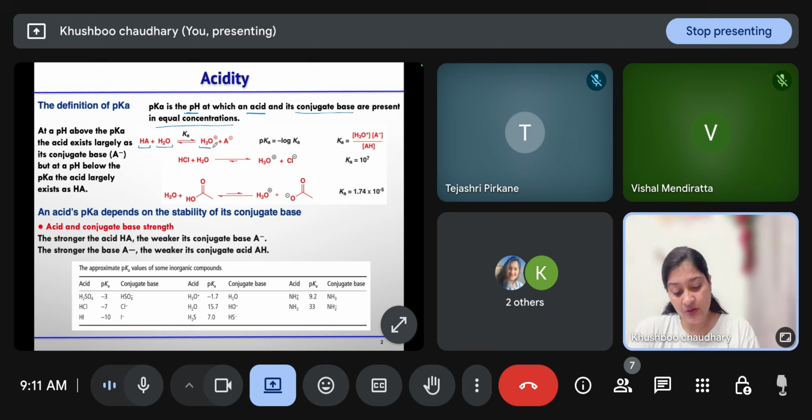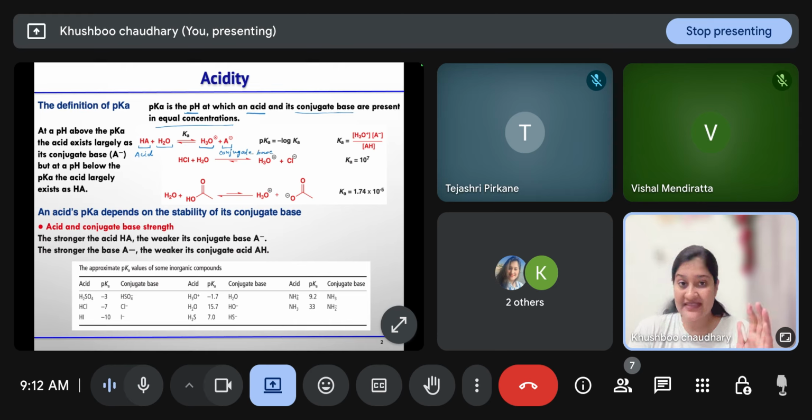So we will get hydronium ions and A-. That is the conjugate base of that acid HA. The species produced after loss of a proton from an acid is its conjugate base. So here HA is the acid and A- is your conjugate base.